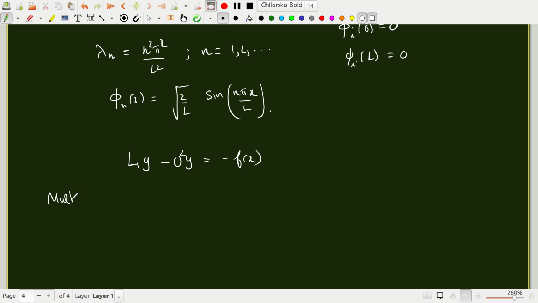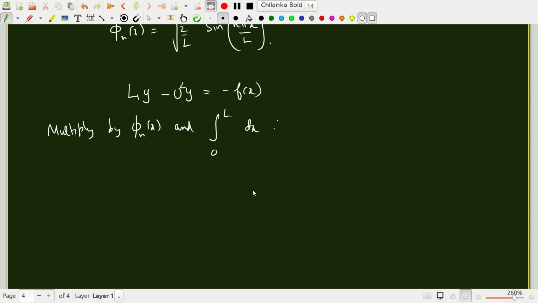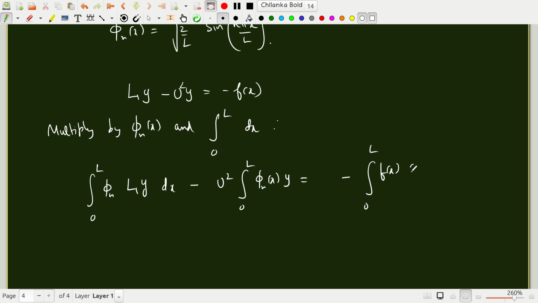Using the finite Fourier transform method, multiply the entire equation by phi n of x and integrate between the domain 0 and L. If you do this, you get integral 0 to L phi n L1 operating on y dx minus u squared integral 0 to L phi n of x y equal to minus integral 0 to L f of x phi n of x dx.